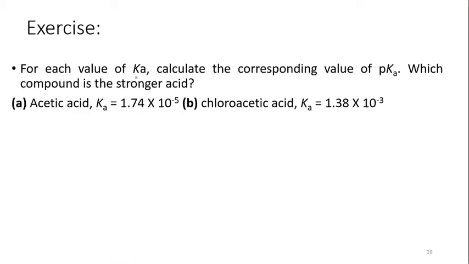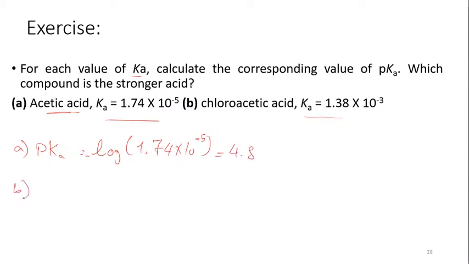For each value of Ka, calculate the pKa and determine which compound is a strong acid. First, the pKa of acetic acid would be equal to the minus logarithm of 1.74 multiplied by 10 to the power minus 5. This would be equal to 4.8.